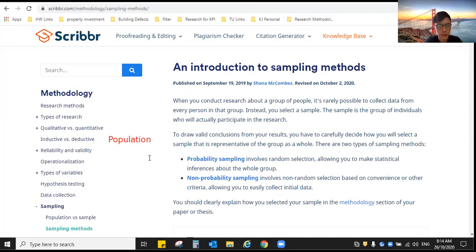What is population? Let's say you want to understand students' satisfaction about your university, right? May I know how many students you have in Taylor's?